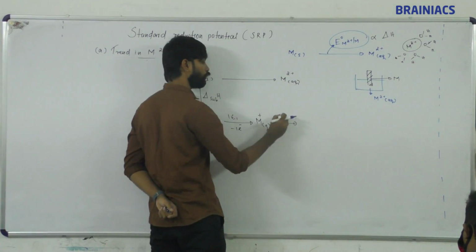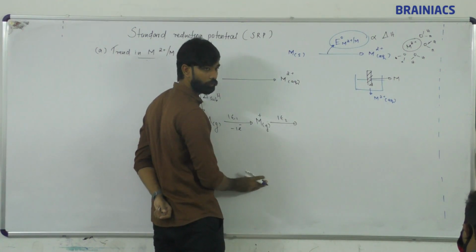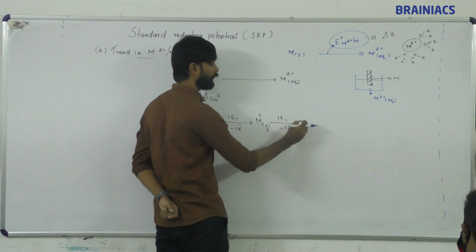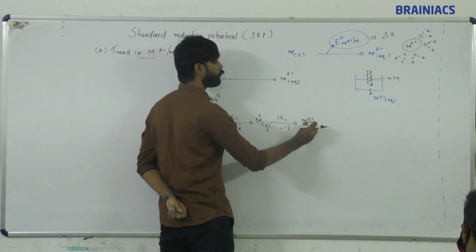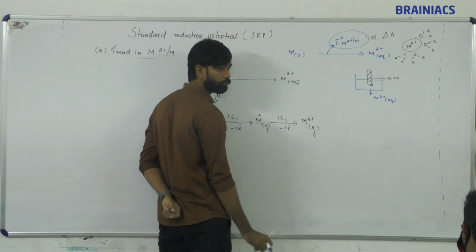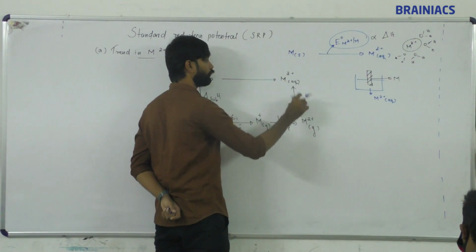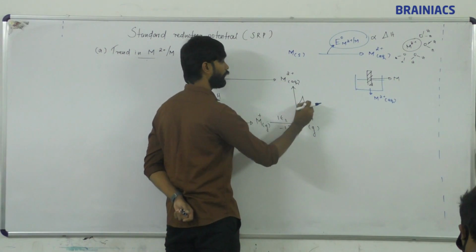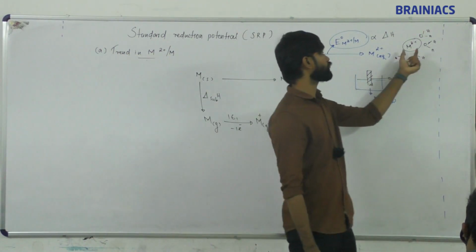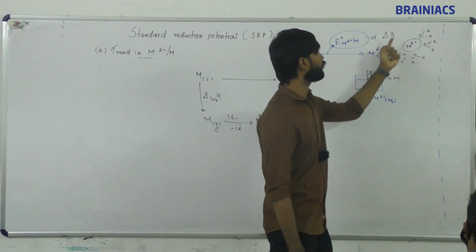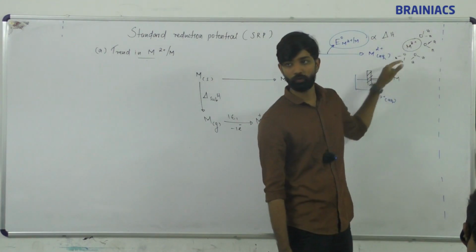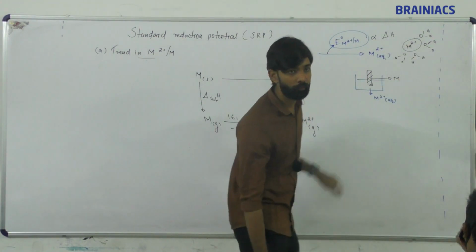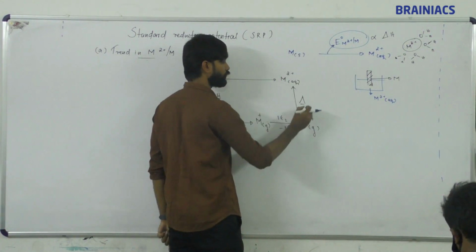Then the removal of the second electron, IE2, and it becomes M2+ gaseous. Then it is placed into water. When M2+ gaseous ions enter water, they are surrounded by water molecules, what we call hydrated.